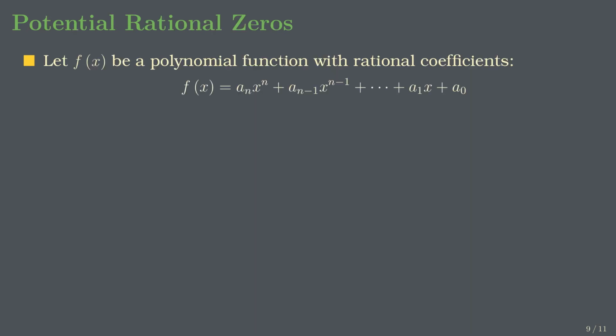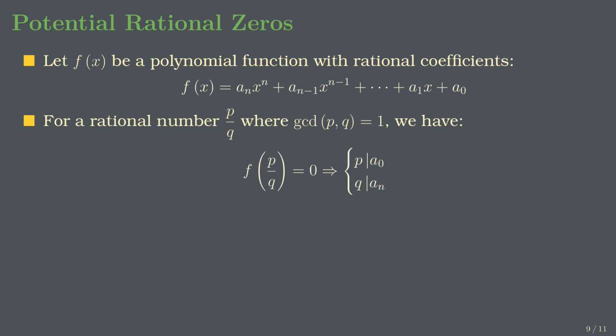Now, there is a way to find potential zeros of a polynomial function. Very often, polynomial functions are given with rational coefficients, or, even more conveniently, f will have integer coefficients. So in this case, we can ask whether f has a rational zero or not.